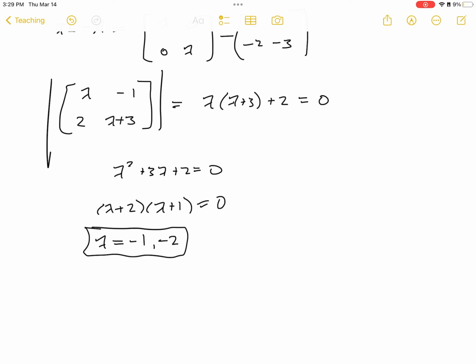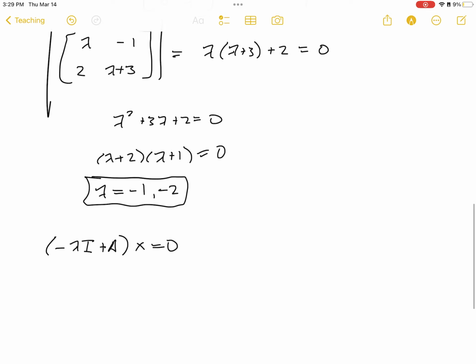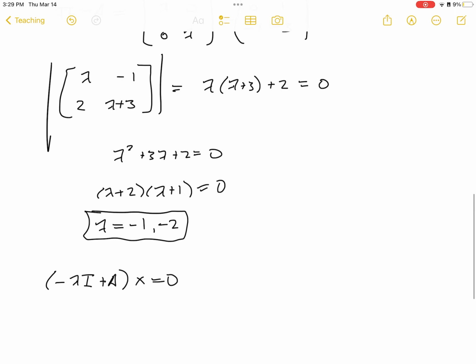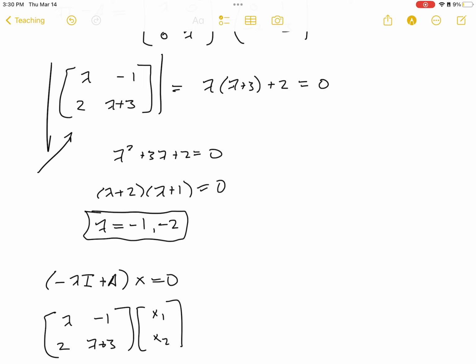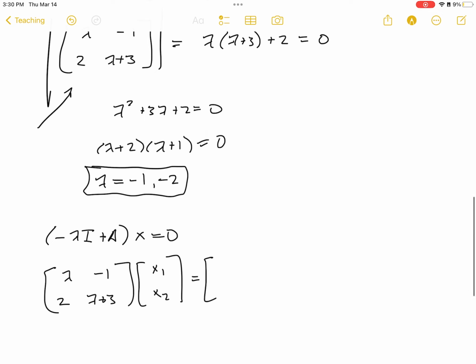And now we want to find the eigenvectors associated with these eigenvalues. So we'll come back to minus lambda I plus A times x equals 0. And what that means is that if we have this matrix lambda, minus 1, 2, lambda plus 3, which comes from right there, and we multiply this matrix by the vector x, x1, x2, that better equal the 0 vector.